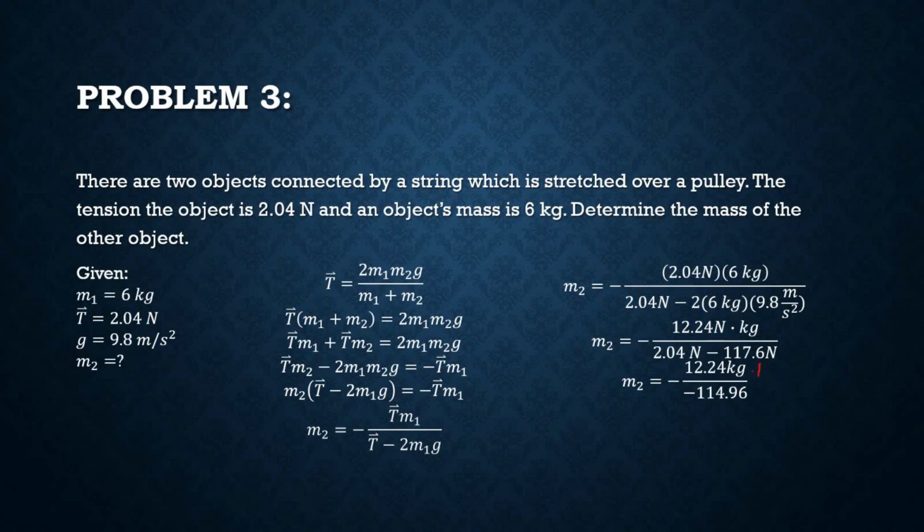The N in the numerator cancelled out the N at the bottom, so there's no more N. As well as this negative will cancel out the numerator's negative, which will change the equation to positive. If you input 12.24 kilograms divided by 114.96 into the calculator, you will get 0.1065 kilogram. Since the lowest significant figure is 1, it will convert to 0.1 kilogram.